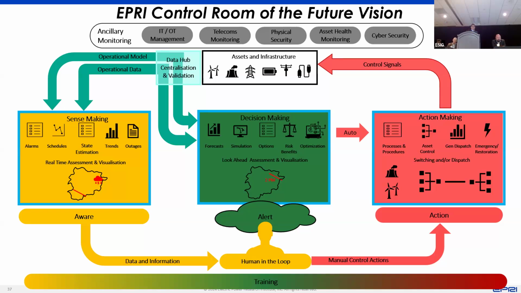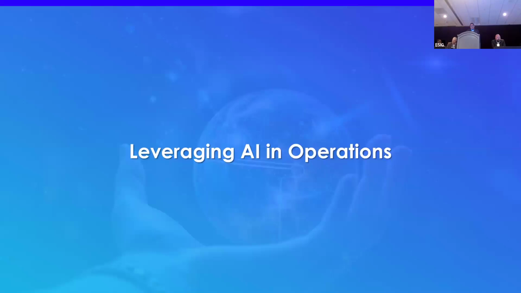So this is our control center of the future vision, where operators sit in the middle, looking at a lot of data, making sense of it, using the tools to make decisions, and then taking actions on it as well. So that's one area we've been actively working on.